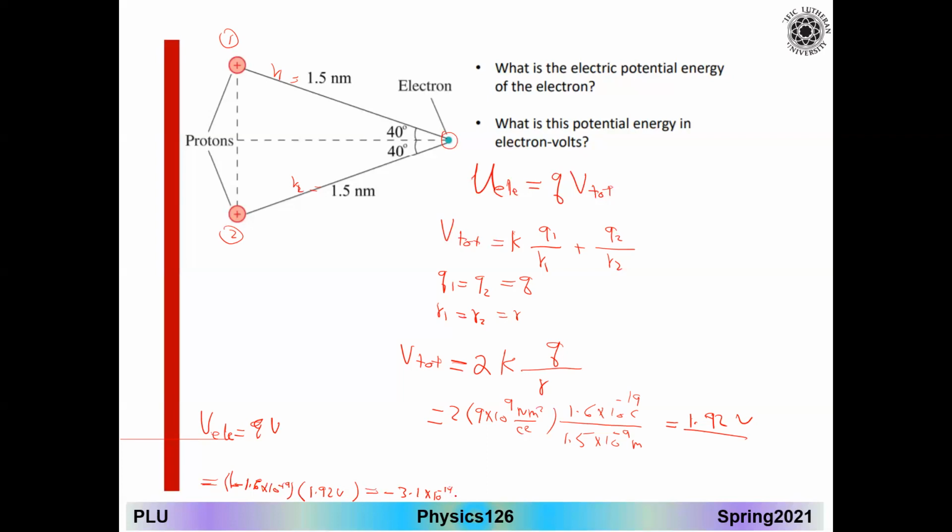In this case, it is joules. If you want to express it in electron volts, basically it is 1.92 electron volts as the energy.